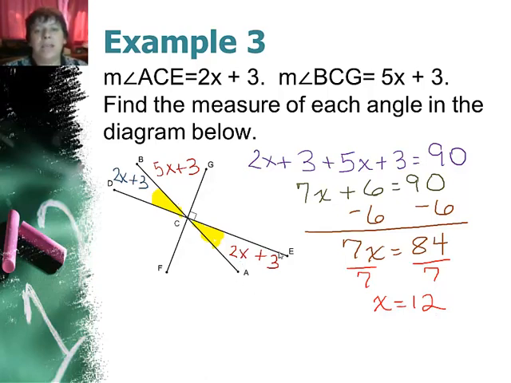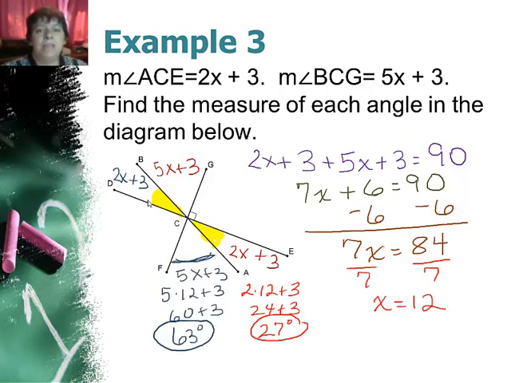Let's start with ACE. 2 times 12 plus 3. So 2 times 12 is 24, plus 3, that's 27 degrees. Then that tells me that I'm kind of moving here because I had more space. These two are vertical angles, so I said 5x plus 3. 5 times 12 plus 3, 60 plus 3 is 63 degrees.